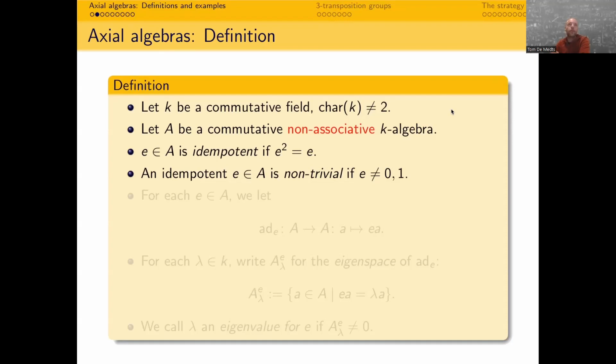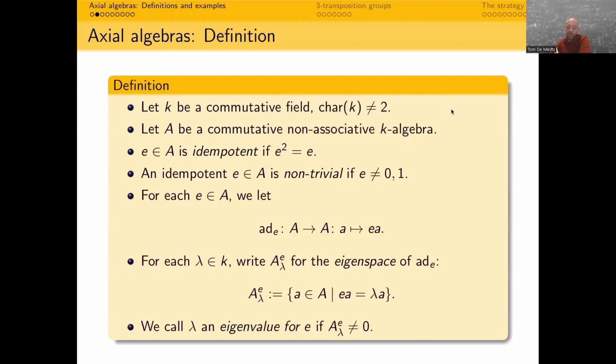The important thing that we will be looking at are the multiplication operators, denoted by ad E, from adjoint. They're just left multiplication, right? So you take this fixed element E in your algebra, which is idempotent, and you consider left multiplication by this element. What we do then is we look at the eigenspaces of this operator. It's an operator from A to itself, just viewed as a vector space, so it has eigenvalues and eigenspaces.